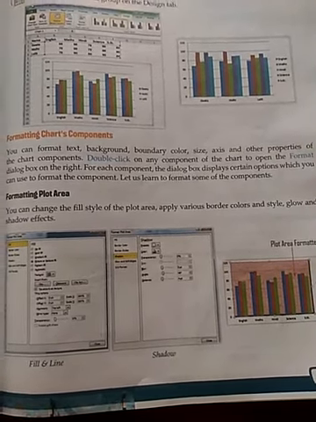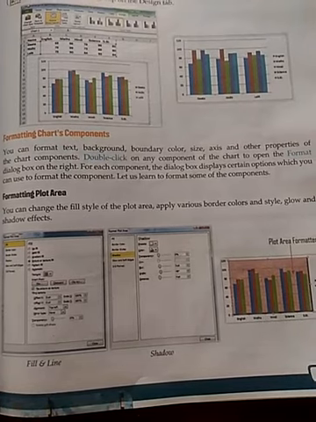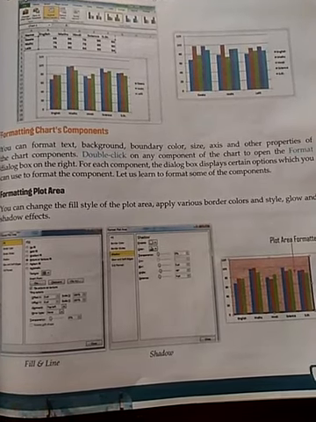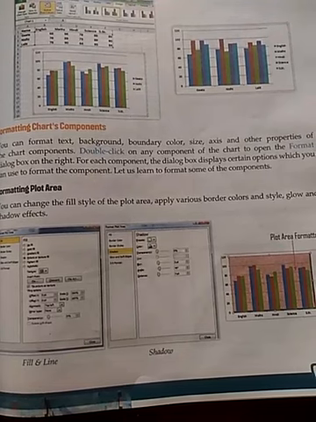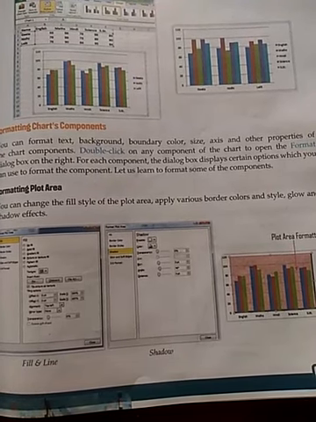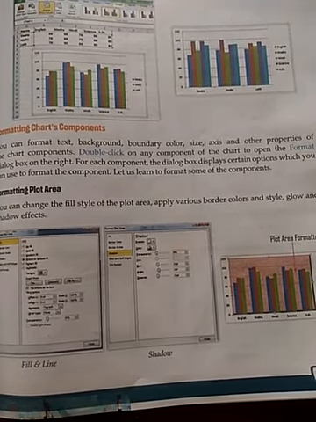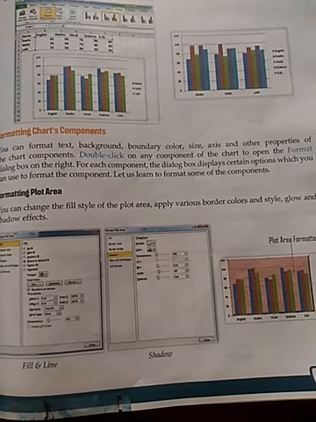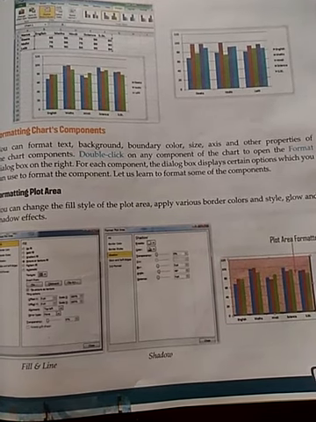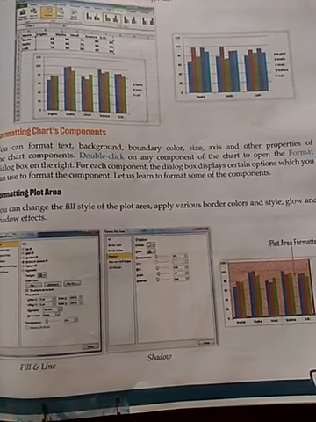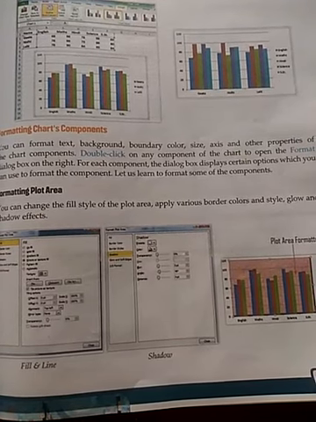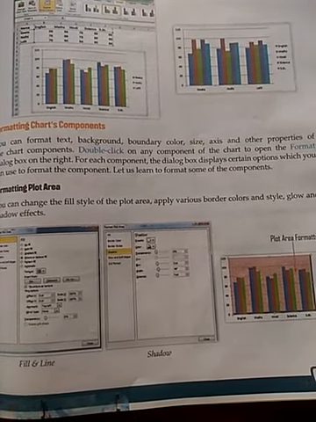If we want to format them, then that can be done by simply double clicking the component of the chart. Means if you want to format the legend, then simply double click on the legend. If you want to format the chart area, then simply double click on the chart area.